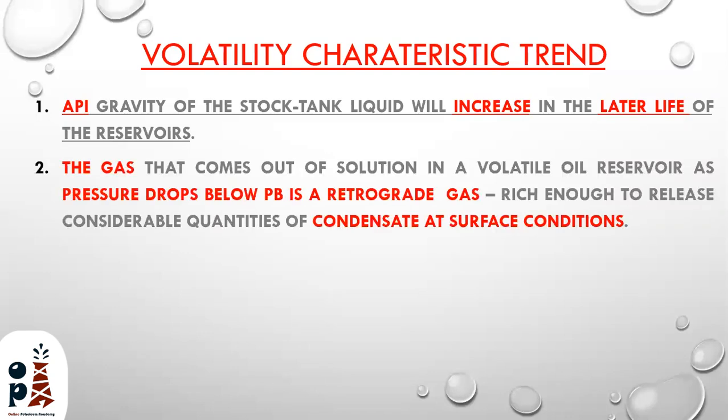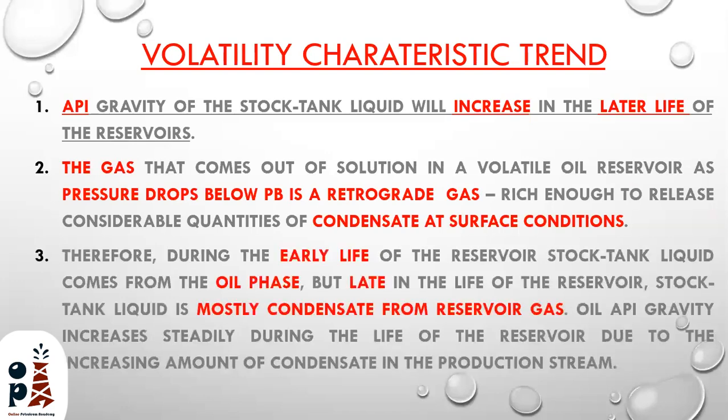The reason is that at the initial time, the gas produced is from the oil phase in the reservoir, but with more production from our reservoir, most of the oil is coming from the associated condensate with the separated gas. So the API will increase as a result of increasing the condensate ratio in the oil production.